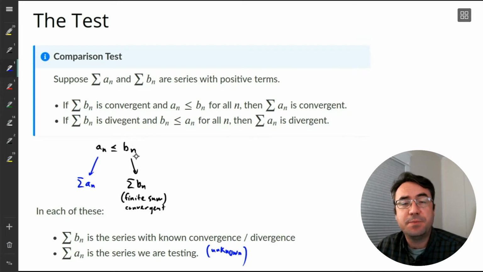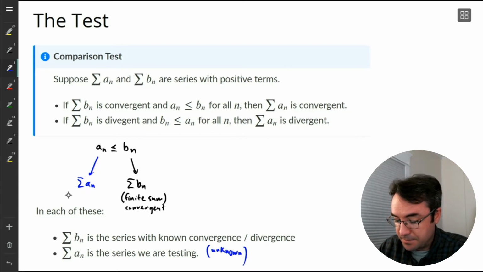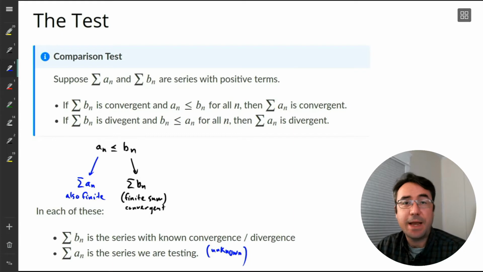If we add up all these bn terms, we get a finite number. Well, if we add up these terms that are less, they should also add up to something, giving us a convergent series. So sigma an is also finite. So it has to be convergent.